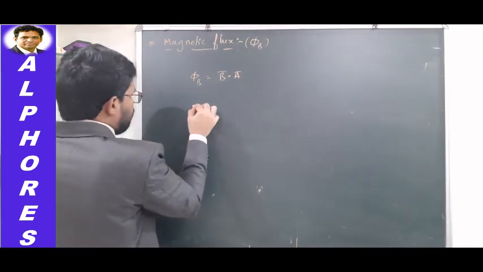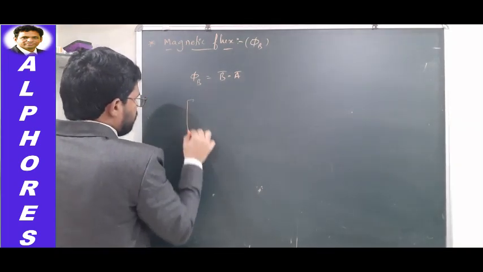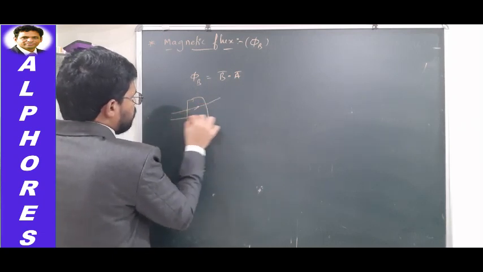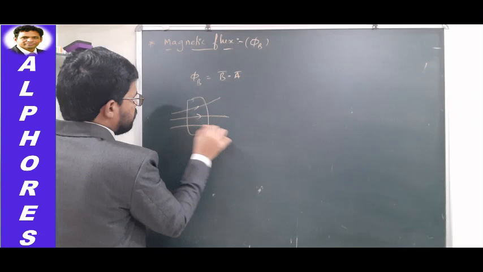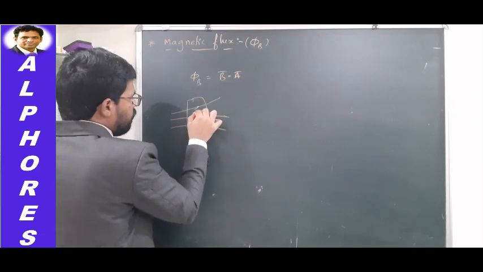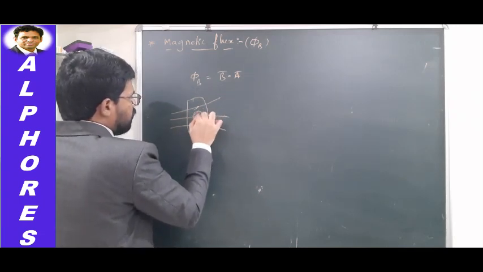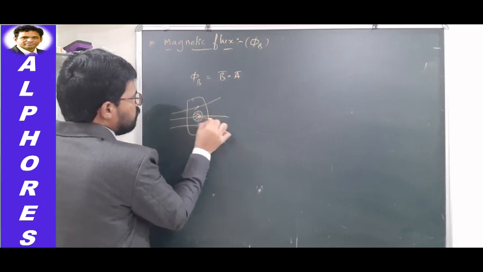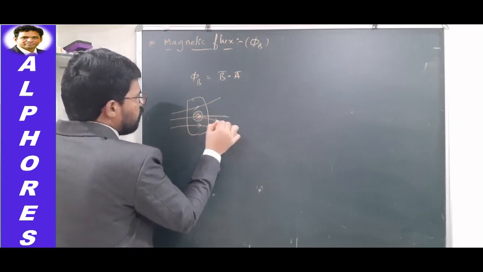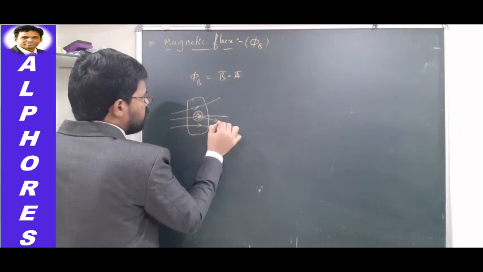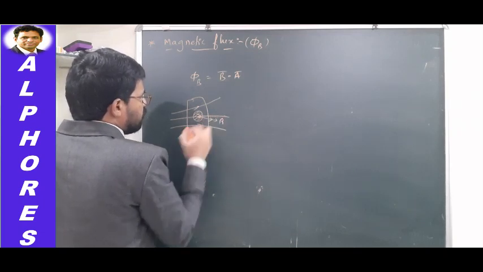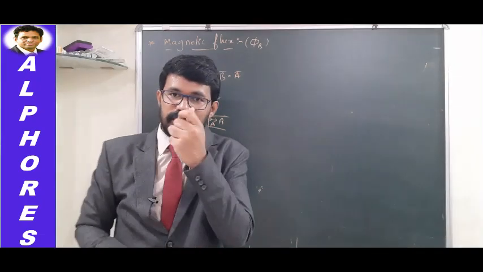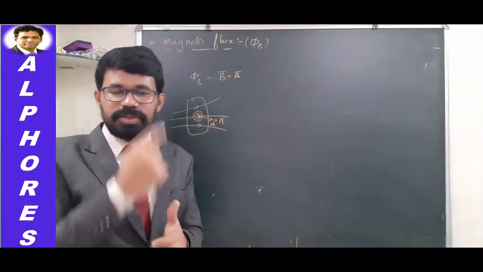For example, if you take one surface, and field lines are passing through this surface in this way, and you want to find the flux through this area, imagine a normal to this surface. Along that normal you will be considering the area vector, a small area, and to that you imagine a normal.